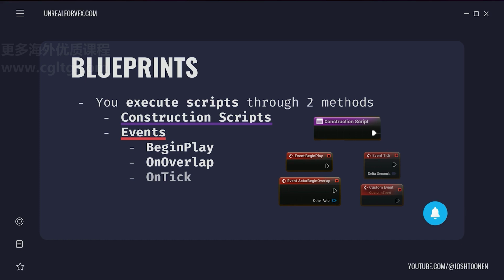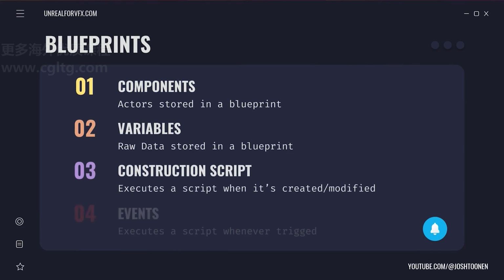You can also do it on ticks, so every time Unreal renders a frame, this event will execute, so it'll execute constantly. Or you can create custom events, so you can trigger a part of your script whenever you need to. And that's the entire system that we have to worry about to get started. It's just 4 new terms: components, variables, which are the data that we store inside of our blueprints, and construction scripts and events, which are the ways that we're going to execute our scripts.